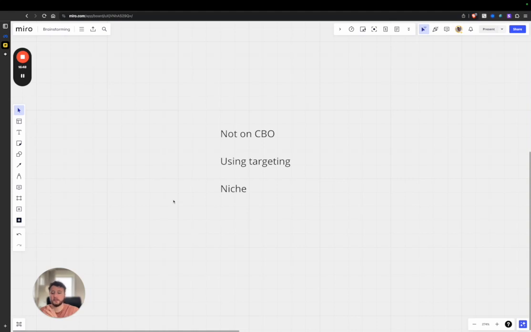So there's this huge spectrum in every single niche. And of course, the big brands, the luxury brands, are going to be willing to spend more on a product and more on a customer than maybe a cheap brand. So if you're a premium brand or a luxury brand, you're also going to be competing against even more luxury brands who can afford to spend significantly more on a customer than you can.